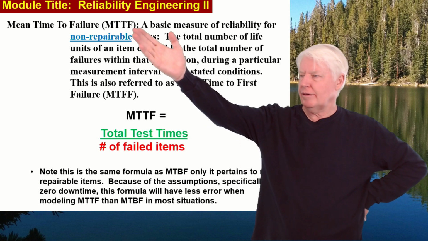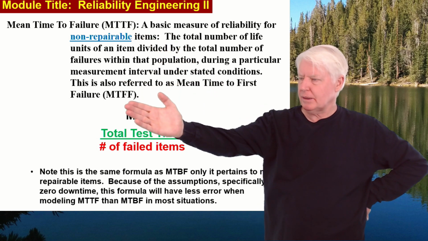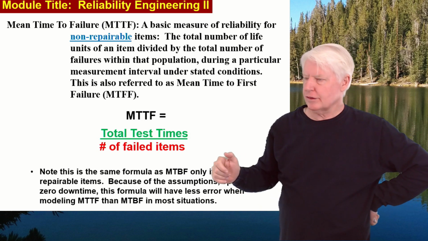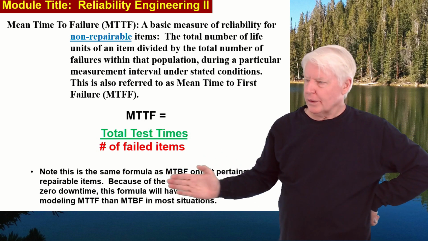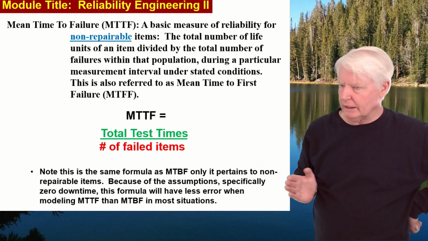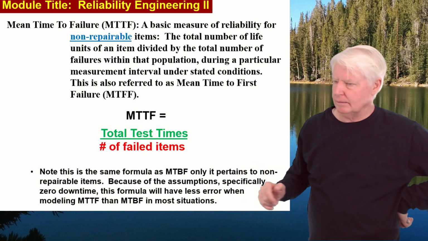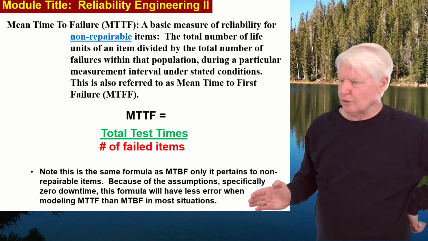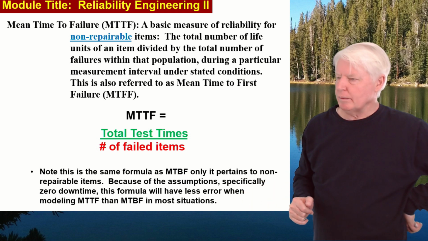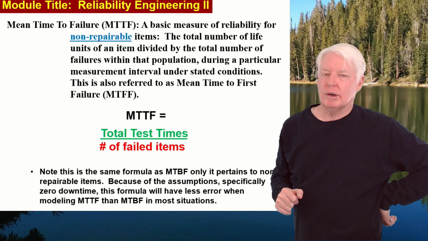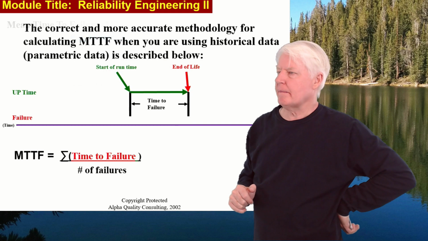Note this formula is the same formula as mean time between failure, only it pertains to non-repairable items. Because of the assumptions, specifically 0 downtime, this formula will have less error when modeling mean time to failure than mean time between failure in most situations.